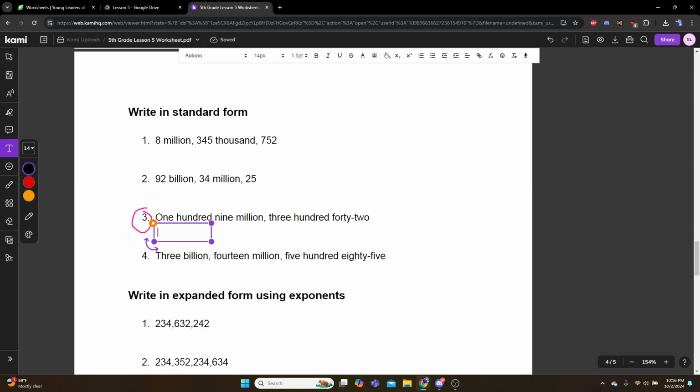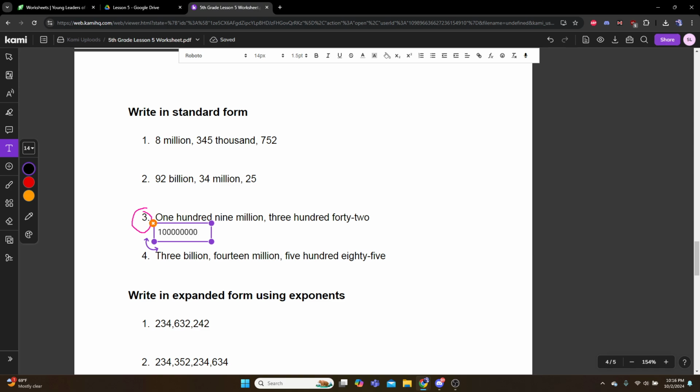So we know that this would be ones, tens, hundreds, thousands, 10,000s, 100,000s, and then 1 million, 10 million, and now the next number would be in the 100 millions.